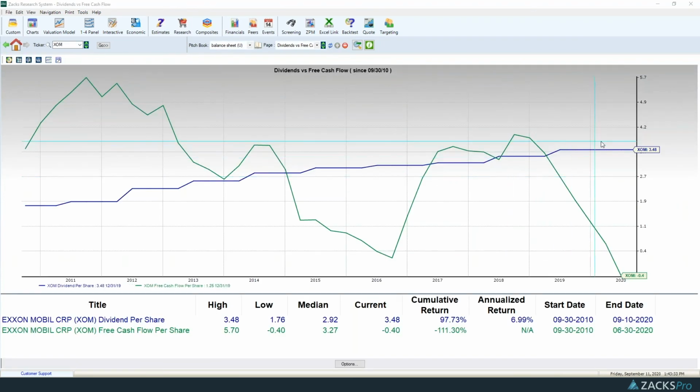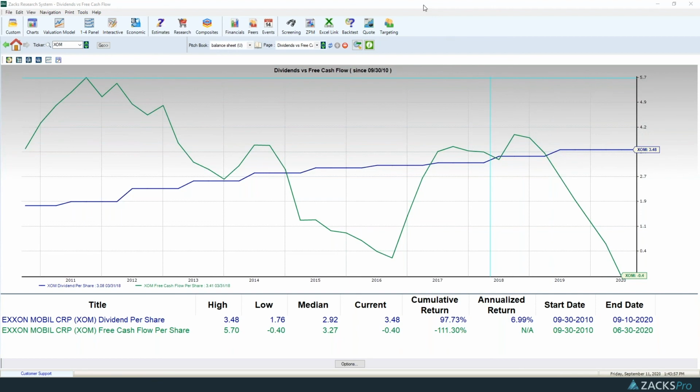And what that is telling you is that this company is essentially taking on debt to be able to pay its dividend. So if you were buying Exxon for their dividend, then you are essentially saying that we want Exxon to borrow money to pay us that dividend, which is almost never a good idea.